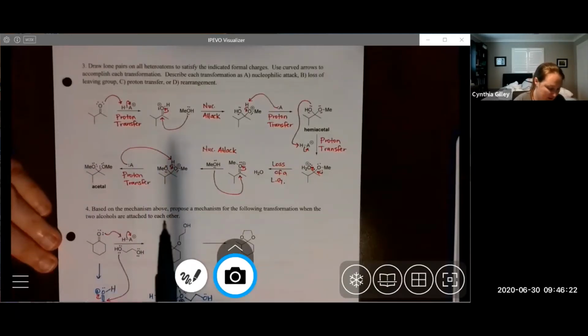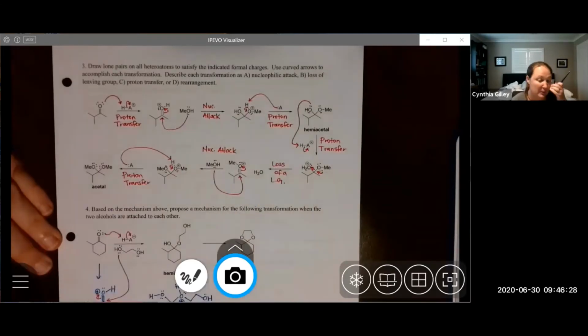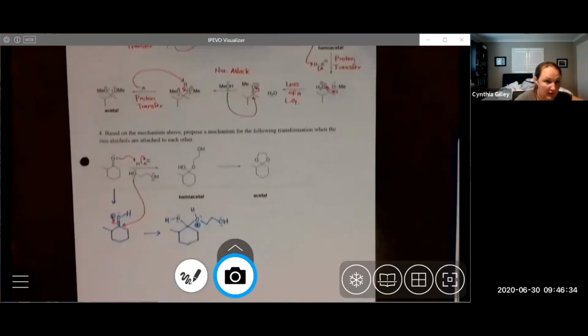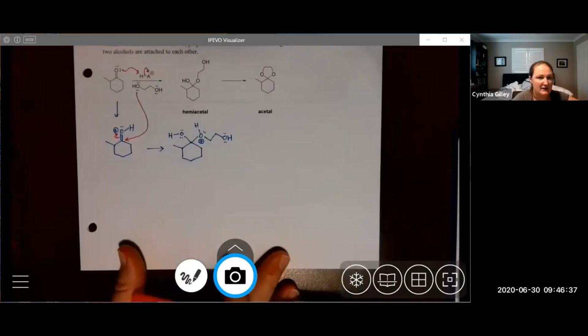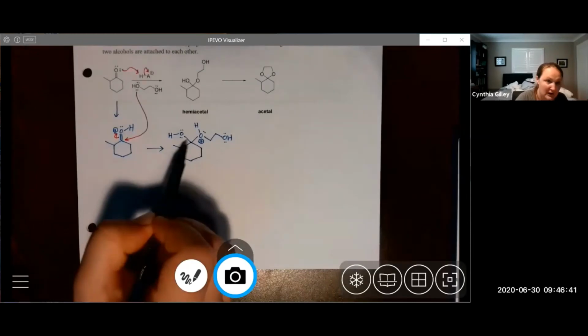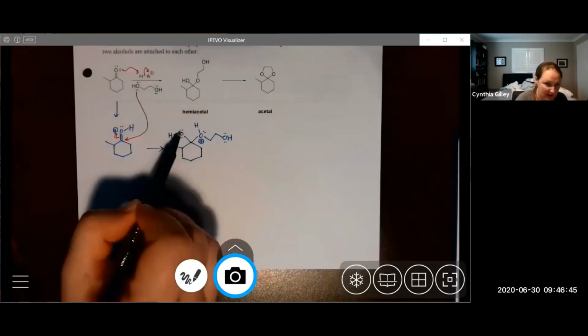And also don't have an intermediate with more than one positive charge. So this is really things that help you remember what to do next. Kind of keep those rules in mind. Coming back over here, so you might be thinking, well, gosh, I really want to get rid of this as a leaving group. I know it's not there in the product. I use water, protonate it, make it leave.